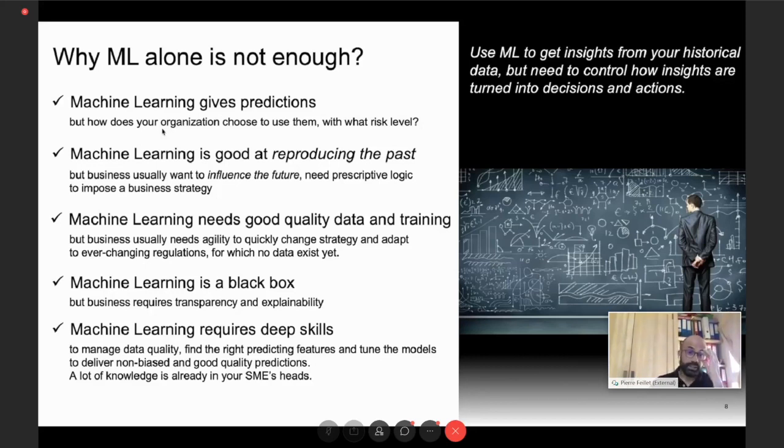ML needs good quality data and training, and usually it's not so easy to have large data sets, and after it's even less easy to have good quality data sets. So it remains a challenge. ML is a black box or a gray box.